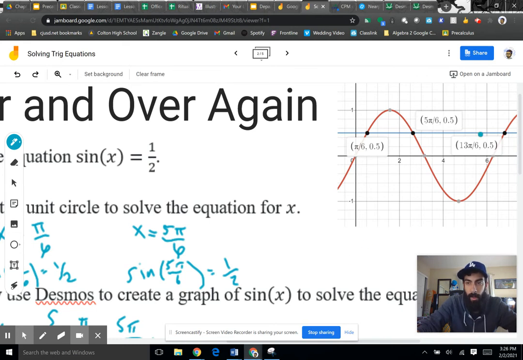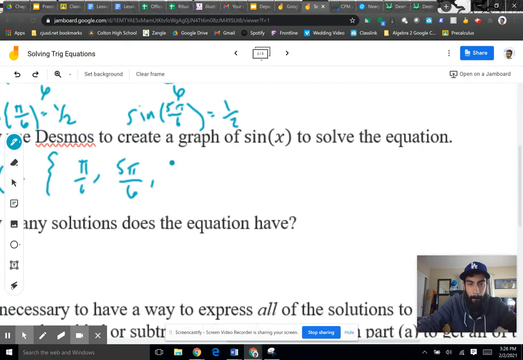The next one up here is 13 pi over 6. And then we had 17 pi over 6, 25 pi over 6. That's a 5, not a 3. And we had 29 pi over 6.